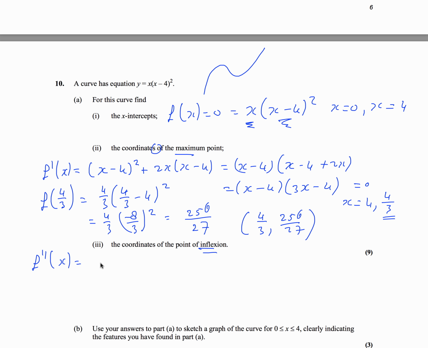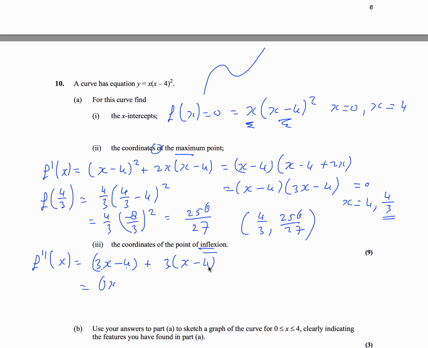So the derivative of x minus 4 is 1, leaving me 3x minus 4, plus the derivative of 3x minus 4 is 3, so 3 into x minus 4. Right, so this is 3x plus 3x is 6x. 3 times minus 4 is minus 12.